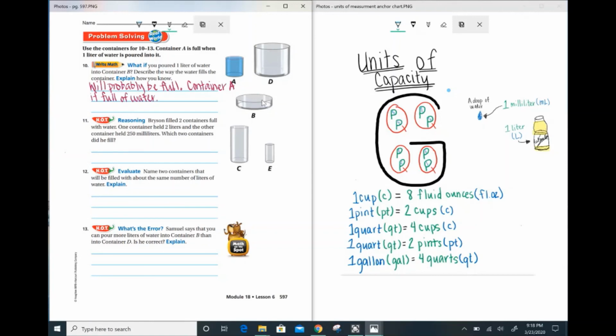And if it were to fill up, container B is shorter and wider, and it will most likely use the same amount of water.